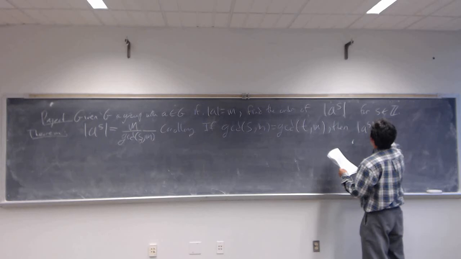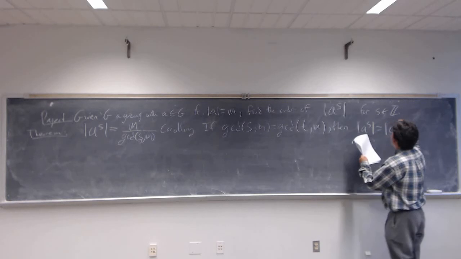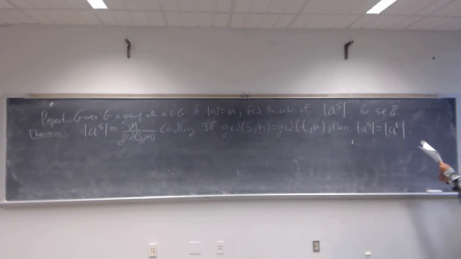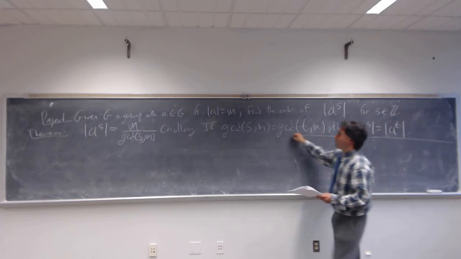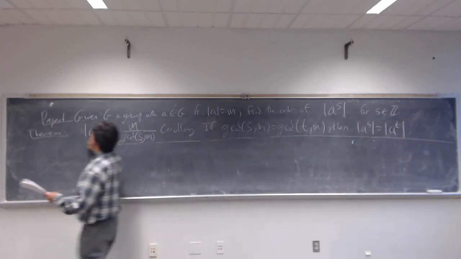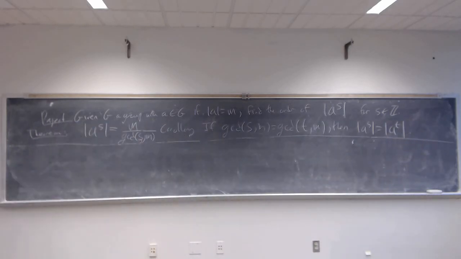So then a to the s would have the same order as a to the t. It's a corollary, not necessarily of the statement of the theorem, but of the proof of the theorem.